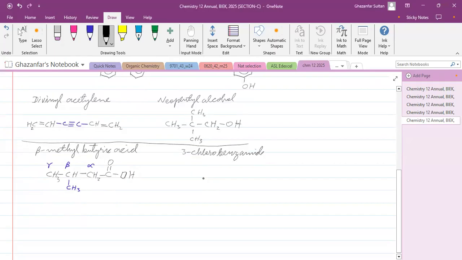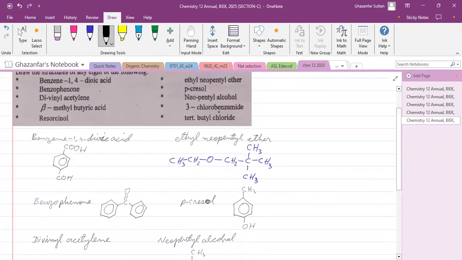It is a very well-known compound where on a benzene ring, an amide linkage is there. You can draw it anywhere. So this is the structure of benzamide. But on the third position, there is chlorine. So it becomes 3-chlorobenzamide.